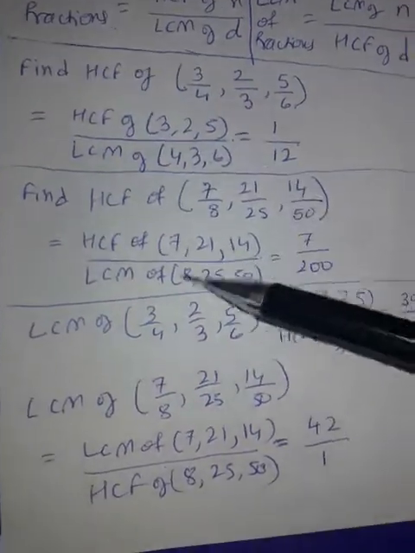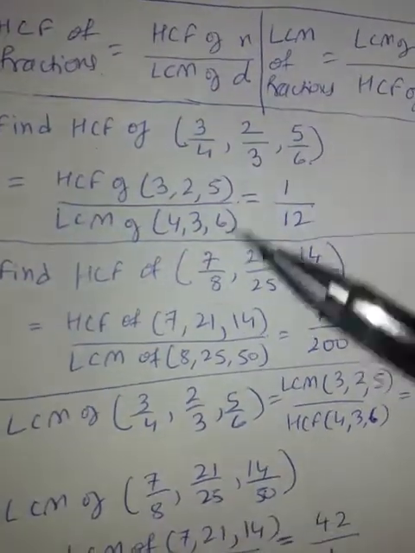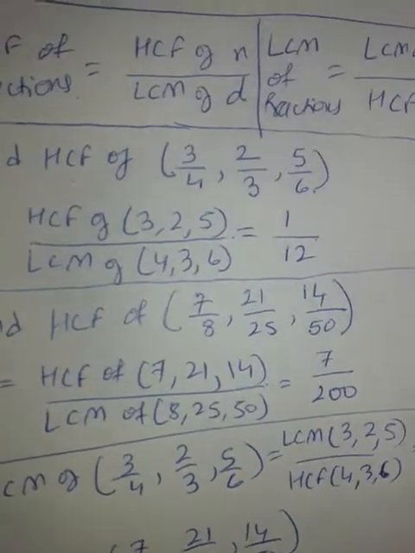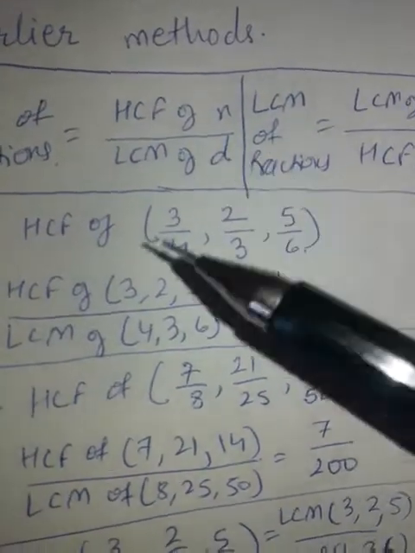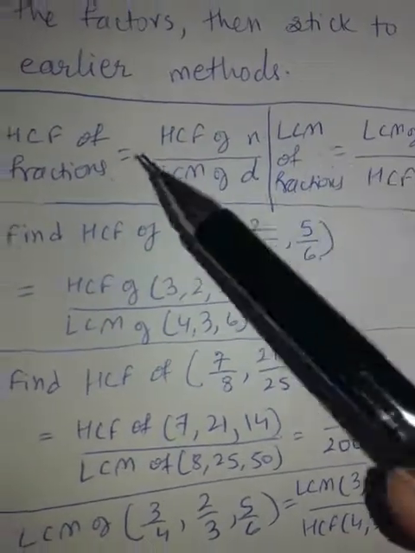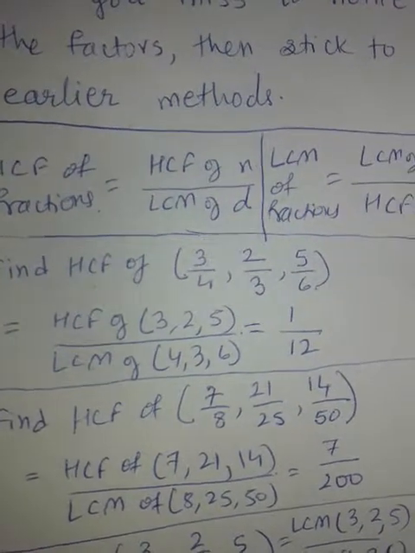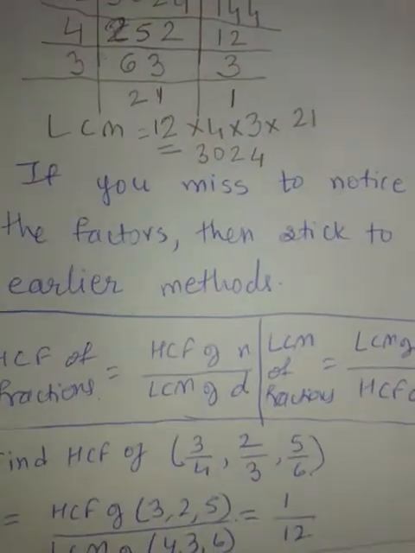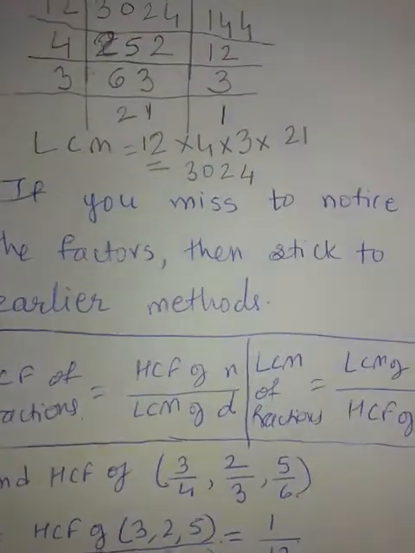I've covered 4 examples here. They are very, very easy. The main thing you should know is how to find HCF and LCM. Once you find it, the formulas are very easy. Is it clear? This is the end of our part 3 video of HCF and LCM.